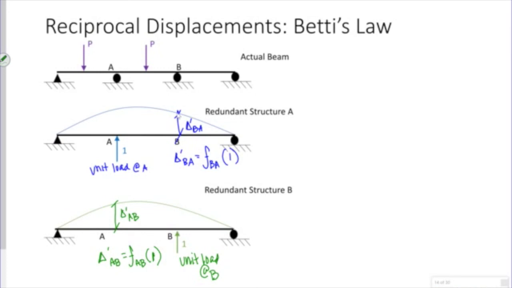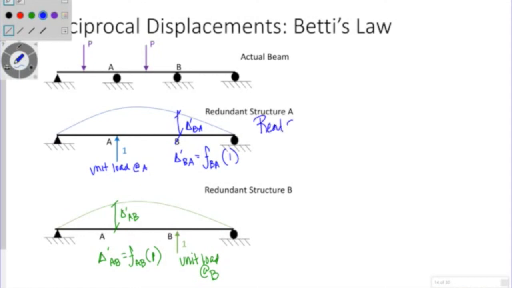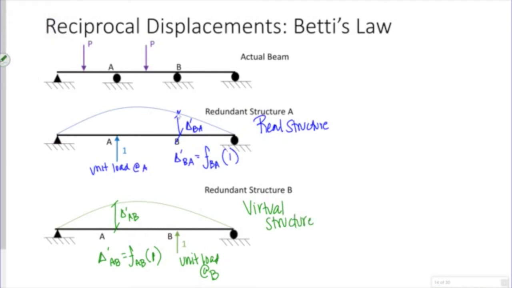Now let's say I was using virtual work to find these deflections. And redundant structure A is my real structure. And B is my virtual structure. I recall back to virtual work, I need to find the internal moments.